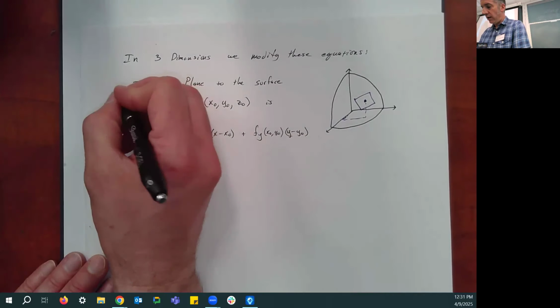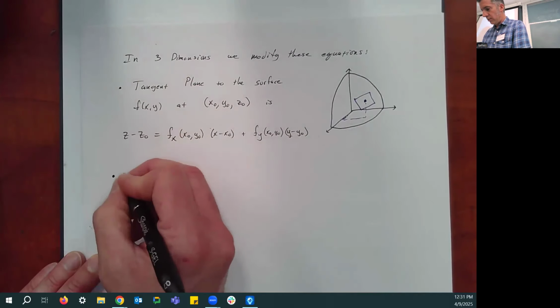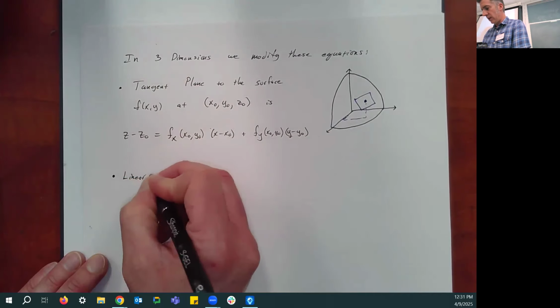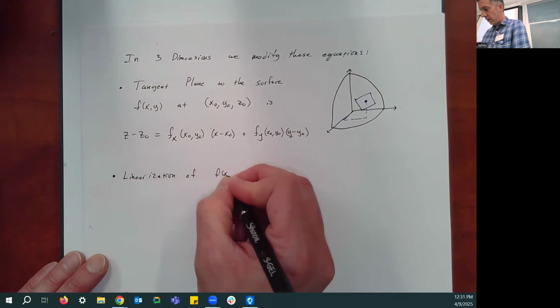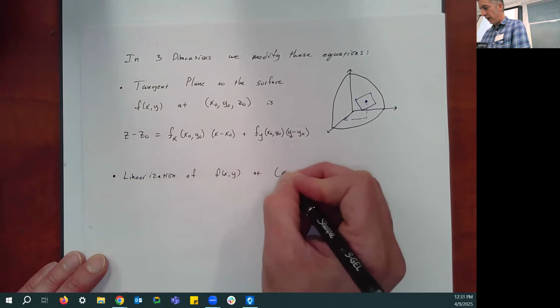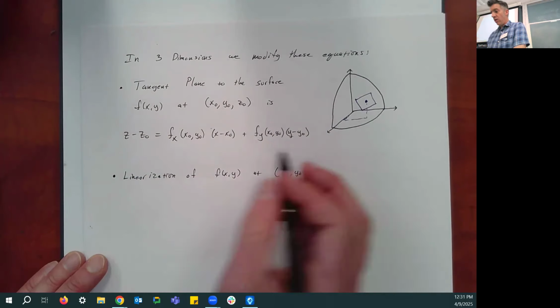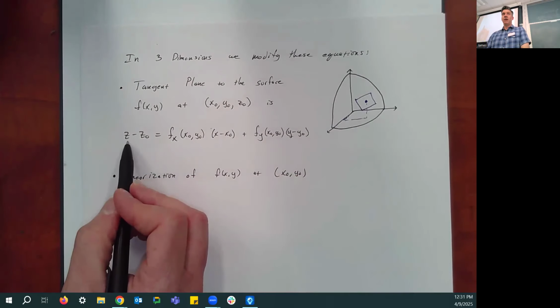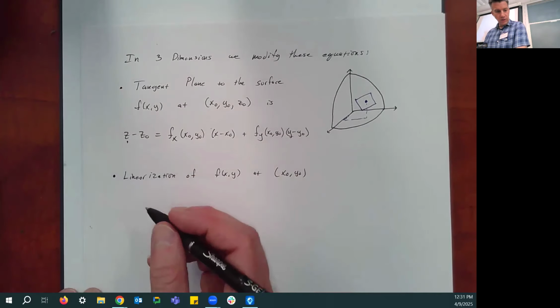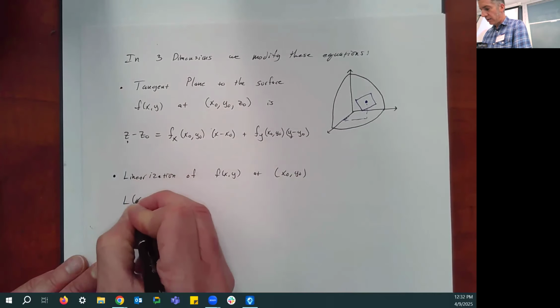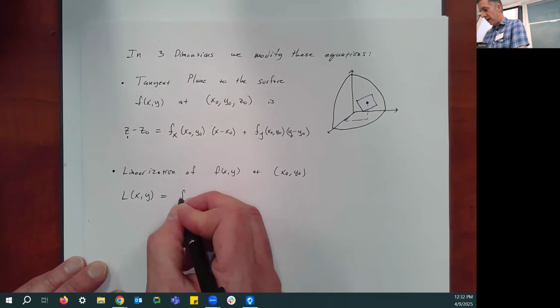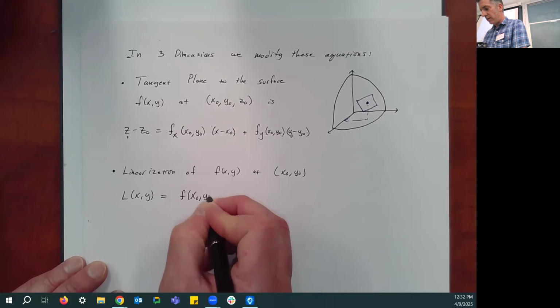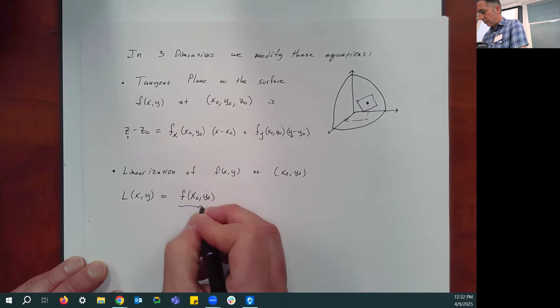And then in a similar way, the linearization is virtually the same thing. The linearization of f of x comma y at the same point, x naught comma y naught. Again, we're just isolating z and then replacing z with L of x comma y. So we're going to rewrite it as L of x comma y equal to z naught, but I'm going to write it as f of x naught comma y naught. That is just your z naught.